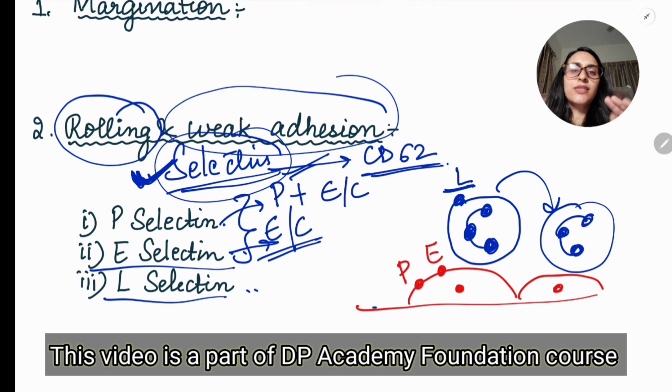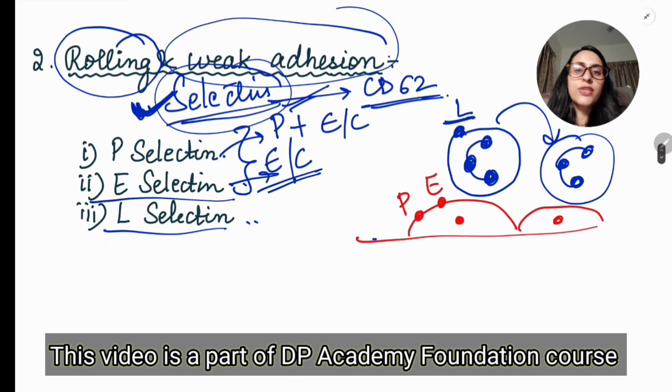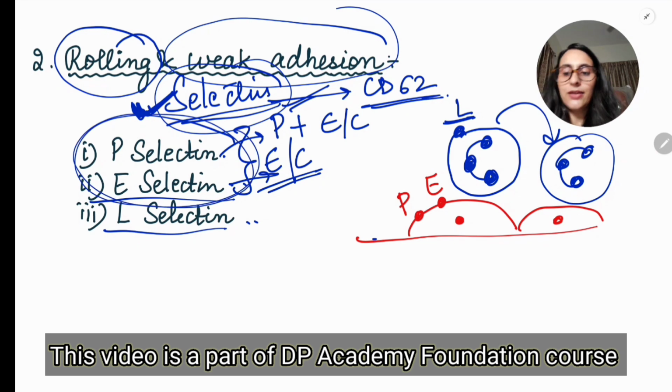So P-selectin is present at platelet and endothelial cell, E-selectin is present at the endothelial cells, and L-selectin is present at the leukocyte. P-selectin and E-selectin both bind to Sialyl Lewis X.